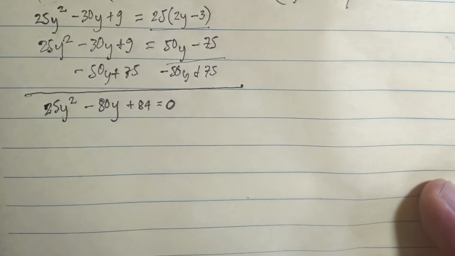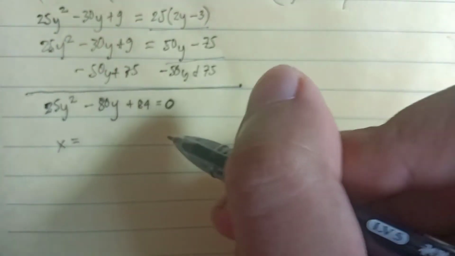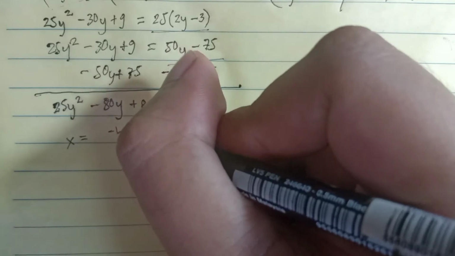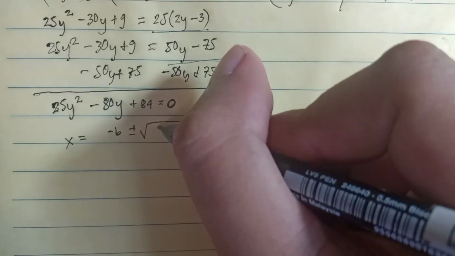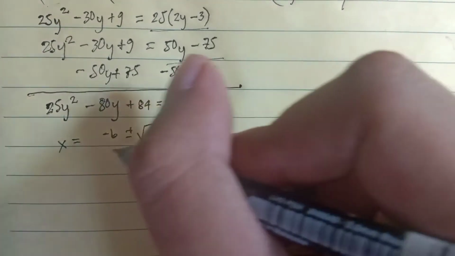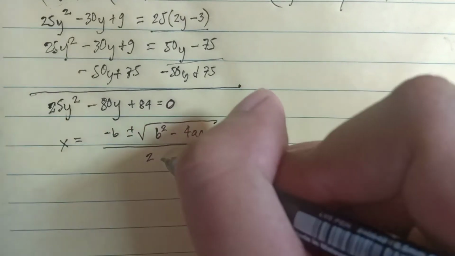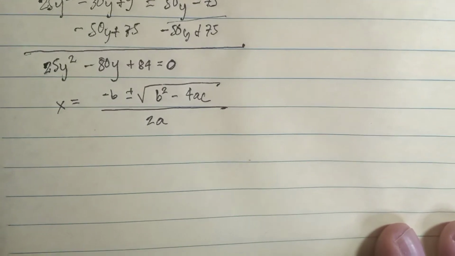We know that the quadratic formula is x equals negative b plus minus square root of b squared minus 4ac, all over 2a. So we'll just simply substitute.